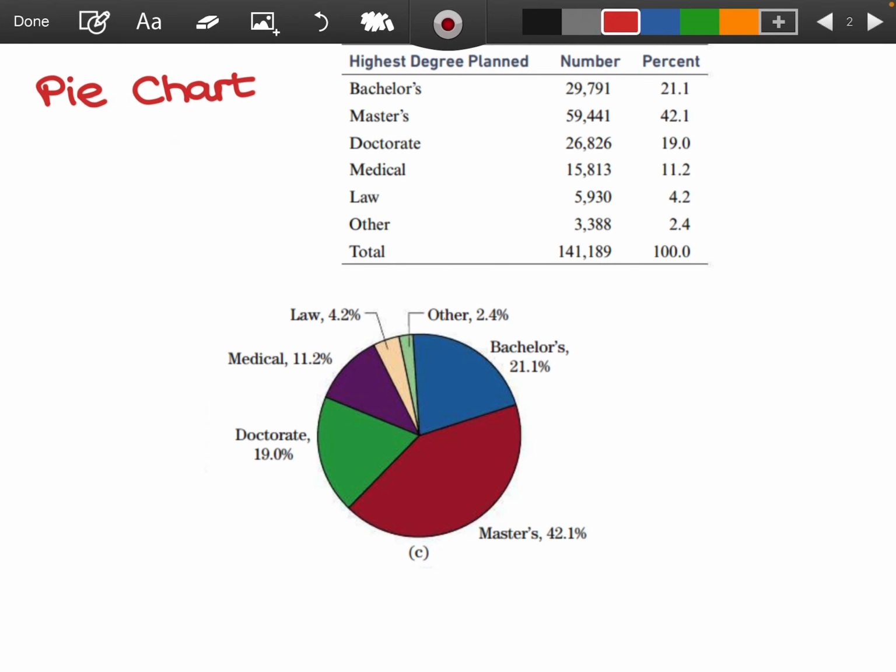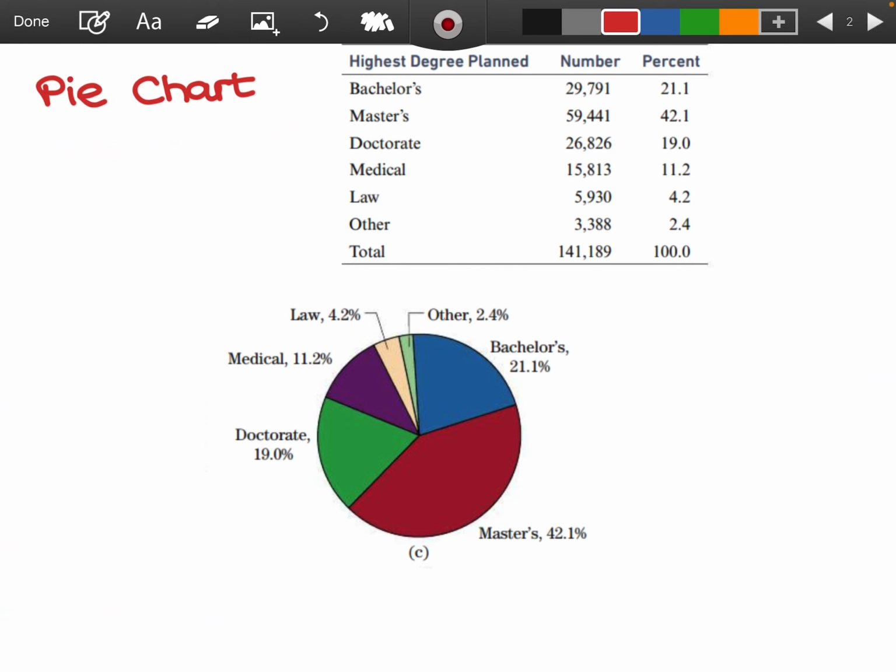Another popular type of visual representation of data is a pie chart. So instead of using bars to represent our data this time, we are taking one complete circle, and each part of the circle is going to represent, in this case, the highest degree that is planned. We can see here that this blue area that we've sketched out is the bachelor's degree.